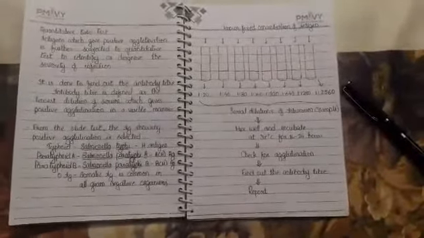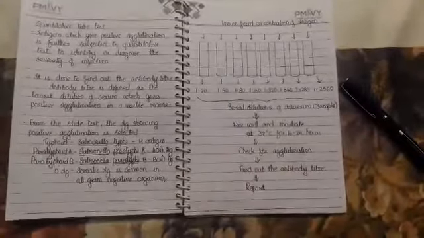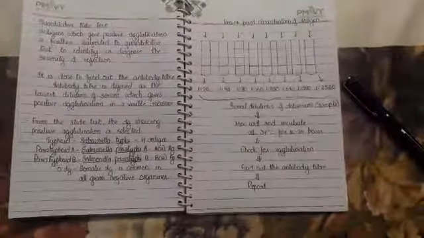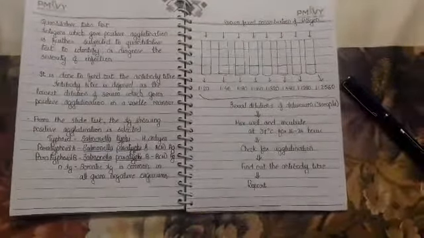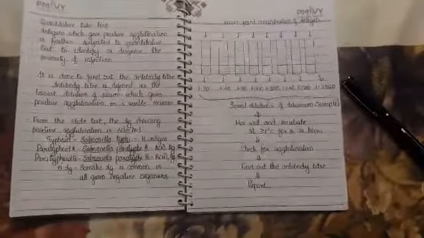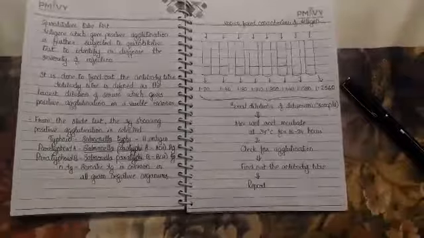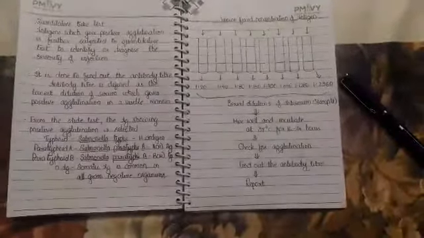Here you can see on the right side we'll take 8 test tubes. To the first tube we'll add the antiserum diluted in a concentration of 1:20, that is, 1 part of antiserum diluted with 20 parts of saline. From the first tube, it is serially diluted to the second tube, so we'll get a dilution of 1:40.